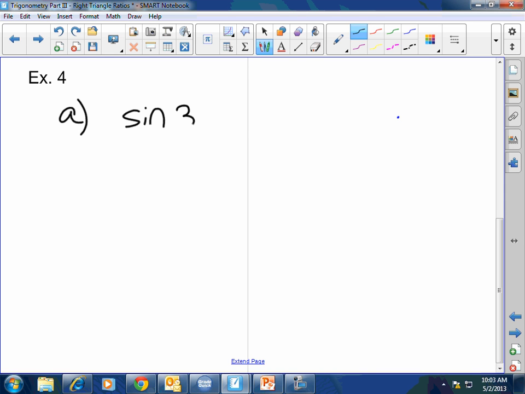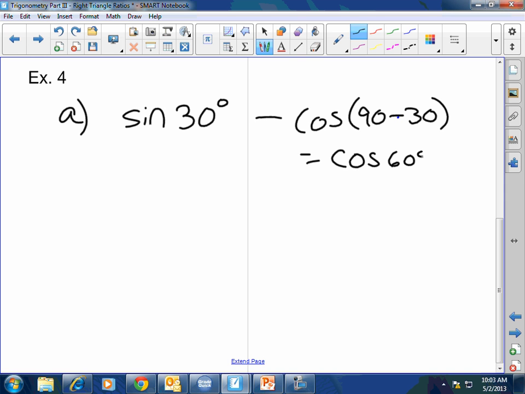Let's do this. They're asking you guys to write each function or function value in terms of its cofunction. Who's the cofunction for sine? Cosine. So it's going to be the cosine of 90 minus the theta of 30, which equals the cosine of 60. What's B, guys?